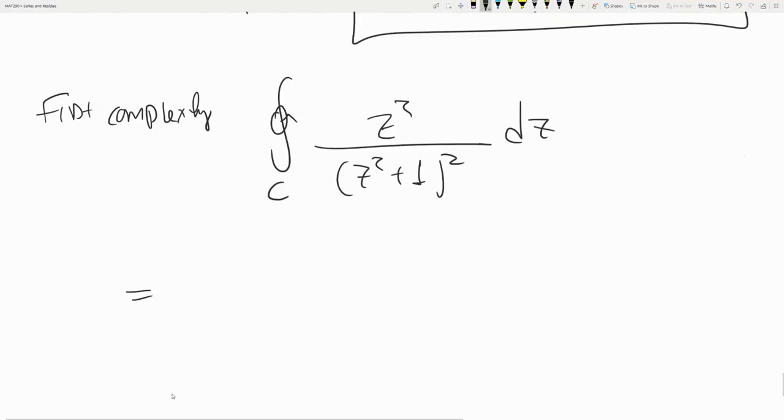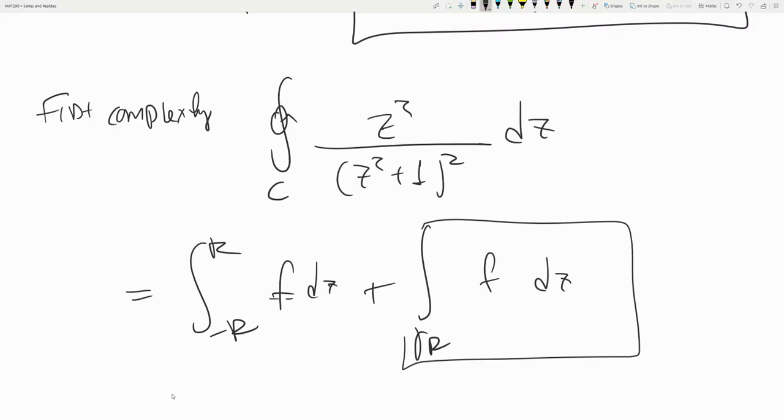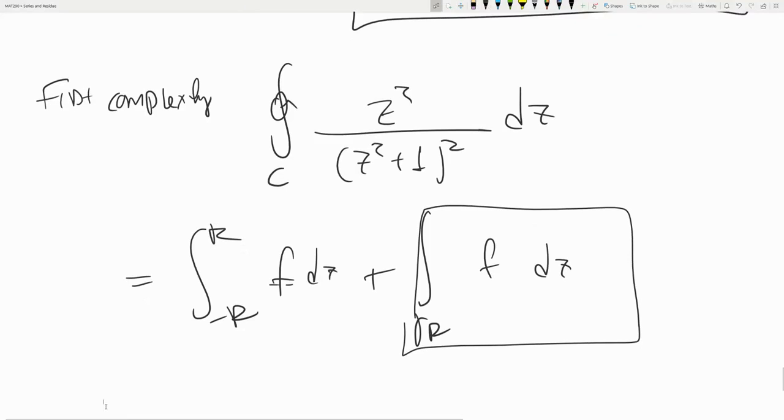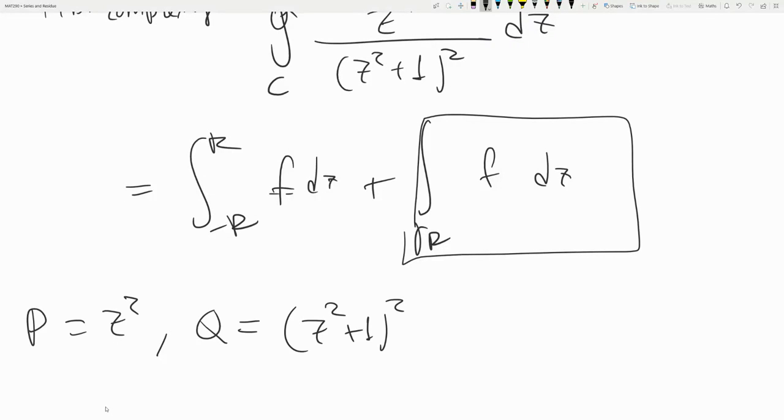Right, we split as usual the function into the segment and the semicircle. Okay, so now let's look at this guy. Let's just apply the lemma. p is z squared, q is (z squared plus 1) squared. This has degree 2, and this guy has degree 4, which is bigger or equal than 2 plus 2, n plus 2.